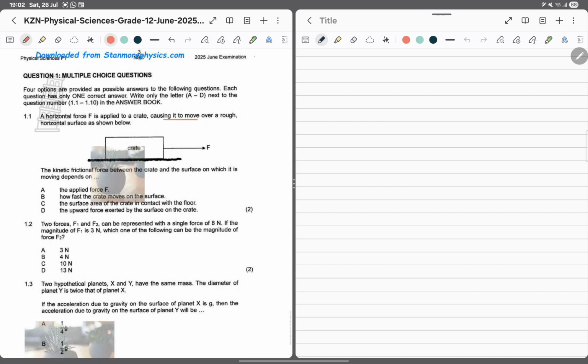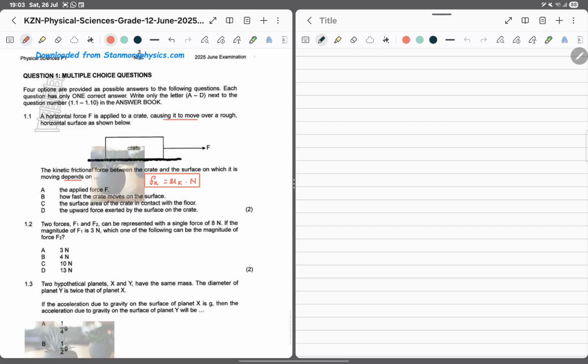Right, the kinetic frictional force between the crate and the surface on which it is moving depends on. Now some of us know that Fk is equal to mu k times the normal force. So this can be very useful.